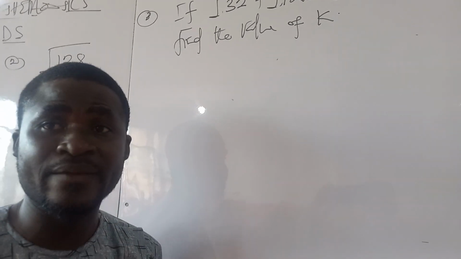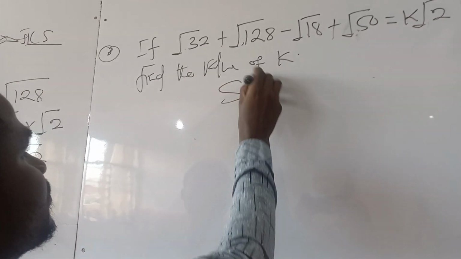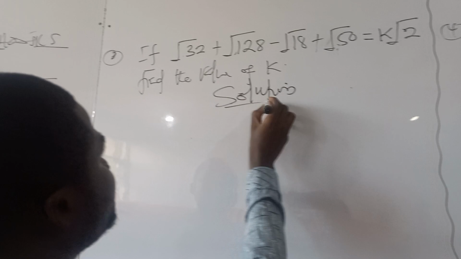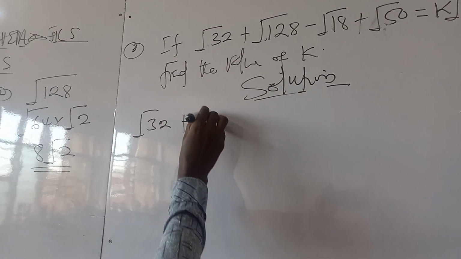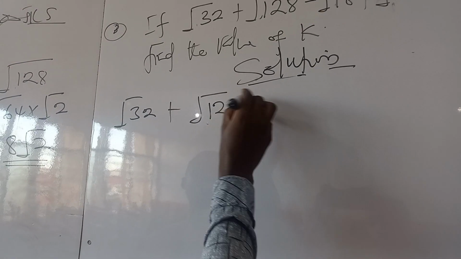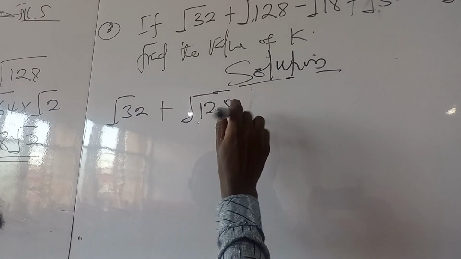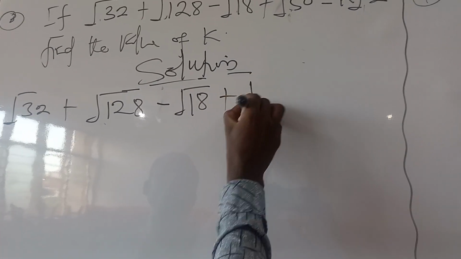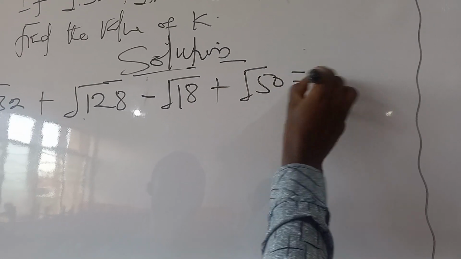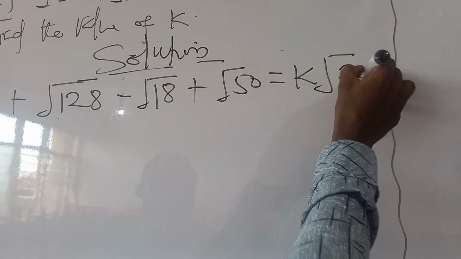We're going to look for k. So, solution: root 32 plus root 128 minus root 18 plus root 50 equals k root 2.